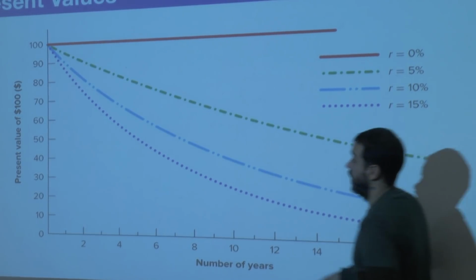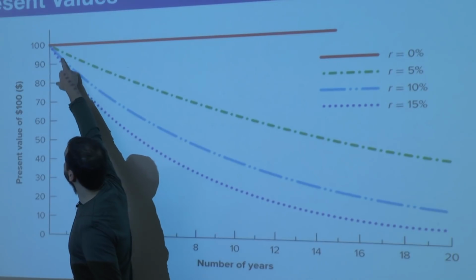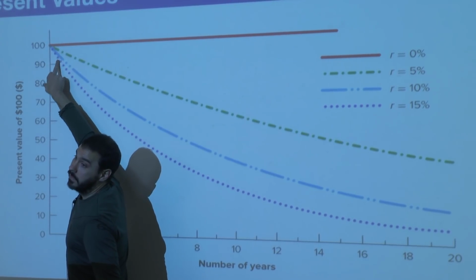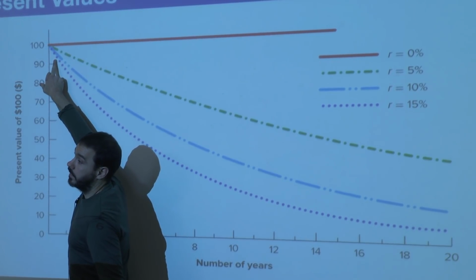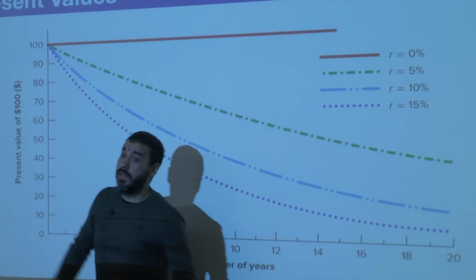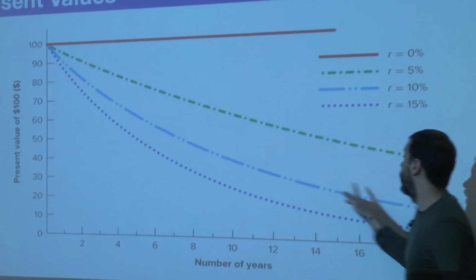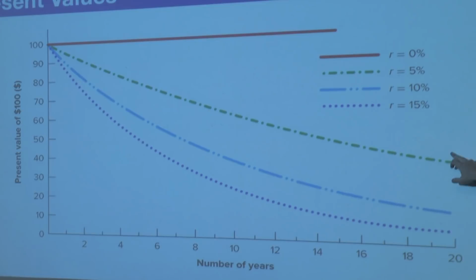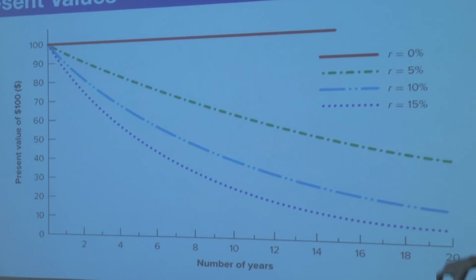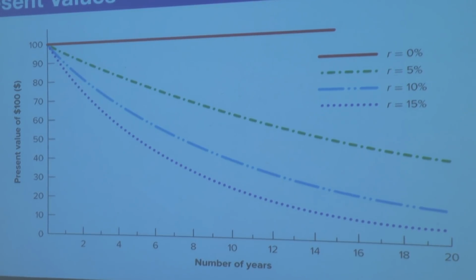So if something is coming very soon, the effect of different interest rates is not that big, but the more you move into the future, the more you see this large spread. Okay?